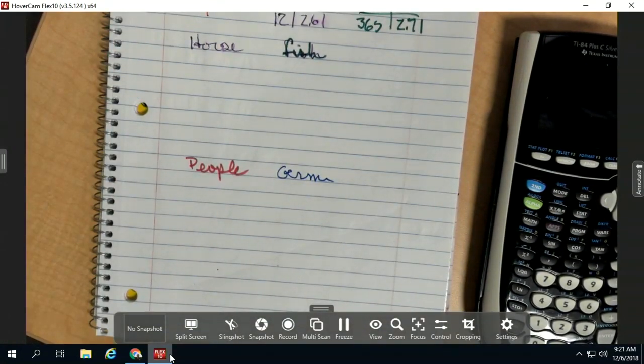So we are going to graph population of horses, fish, people, and germs. Anybody in ag major that would be able to help us out with horses? Anybody know anything about horses? Kind of. What do you know? Some stuff. Okay, but we're talking about their population. Oh. Yeah, no, I don't know that. You don't know that one.